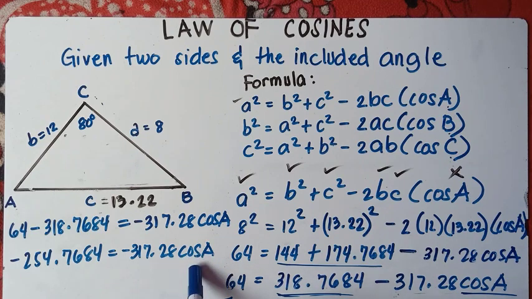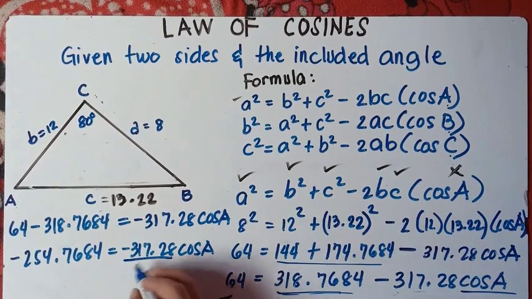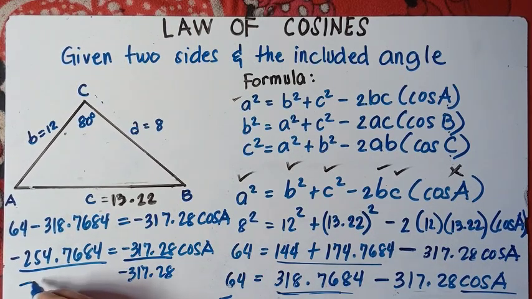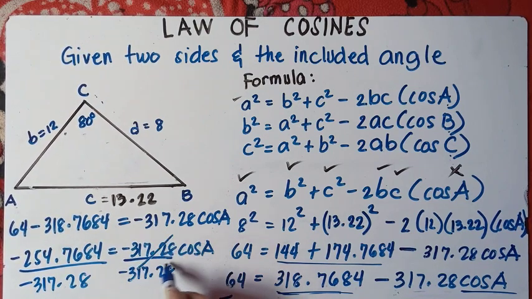Next, to remove this one so that the remaining will be cosine A, you need to divide both sides by negative 317.28. So you can cancel this out.